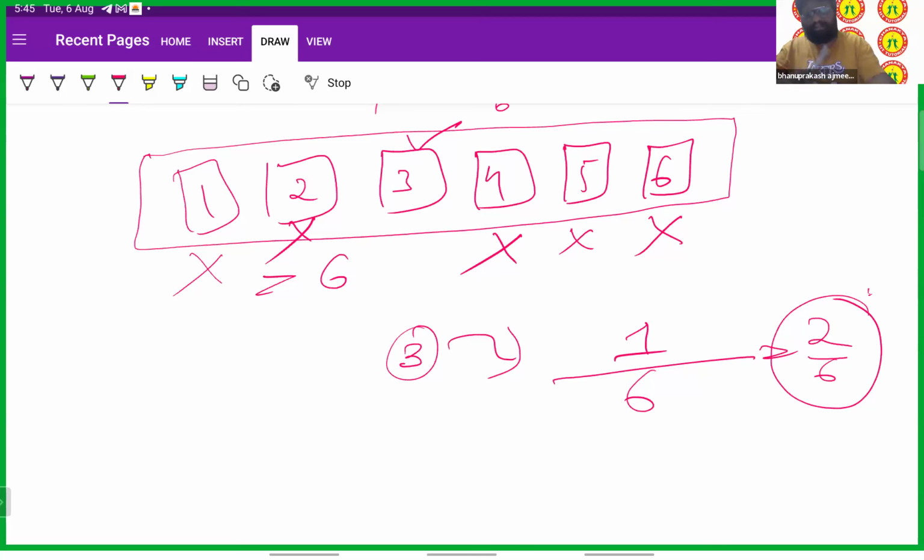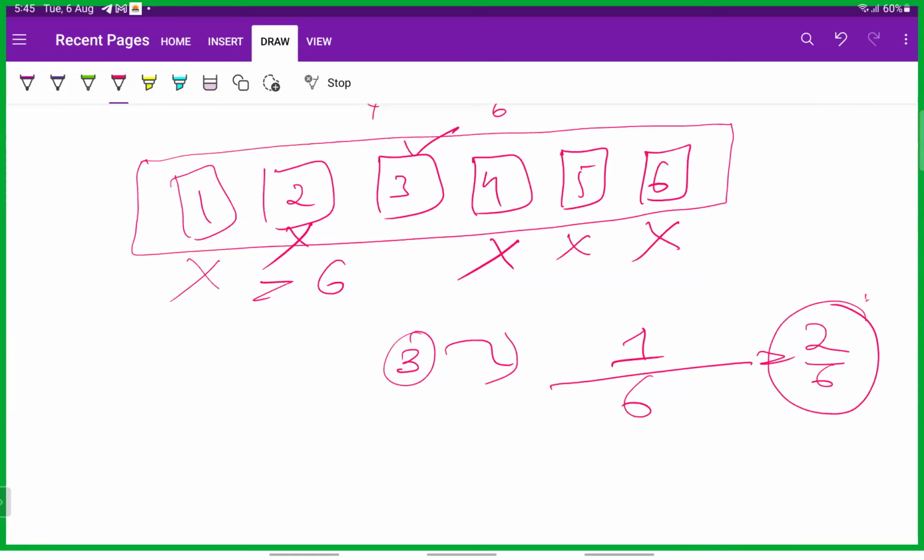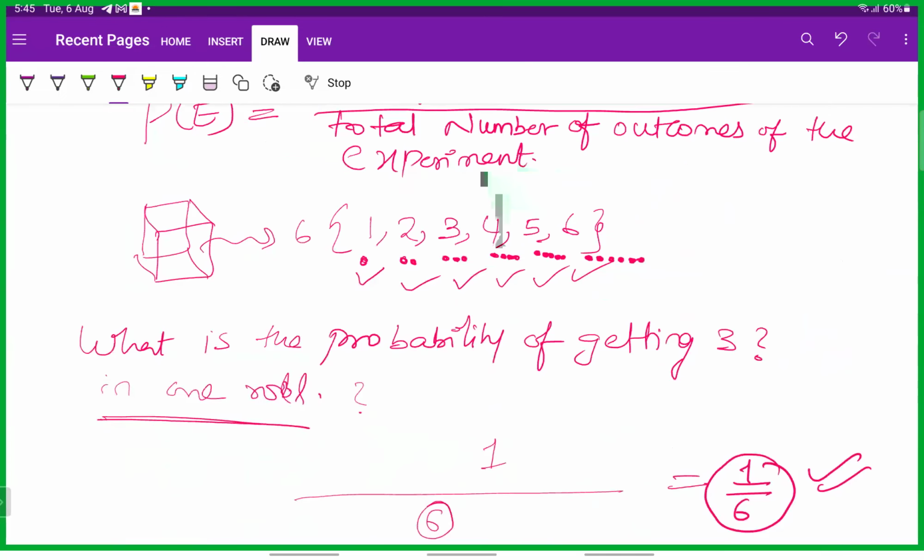In the question you gave, we'll get the answer as 1 by 6. But how can we get 2 by 6 in some different question? Because we'll always be referring to one single item, right? So how can we get 2 by something?